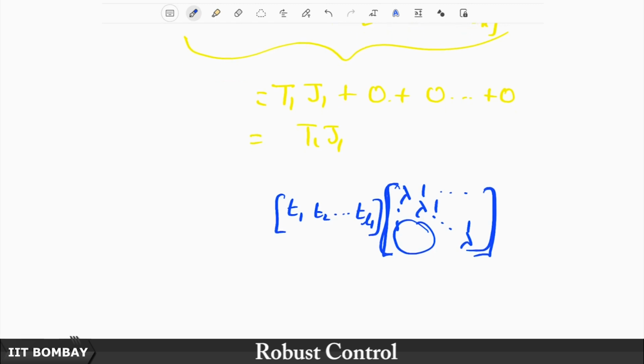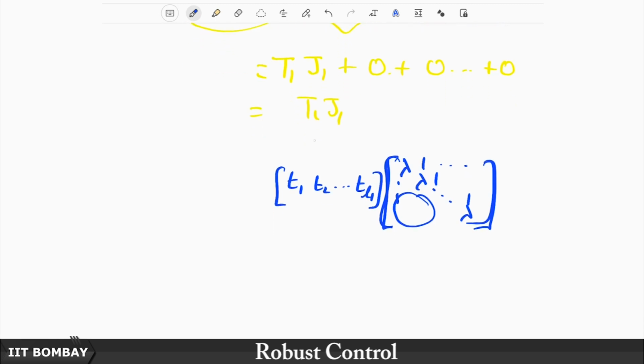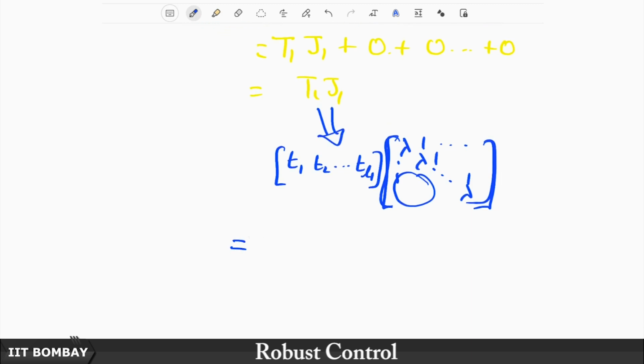So what is this going to tell me? This is what it looks like, doesn't it? When I operate this on the first column, this is going to be nothing but lambda times T1, right.